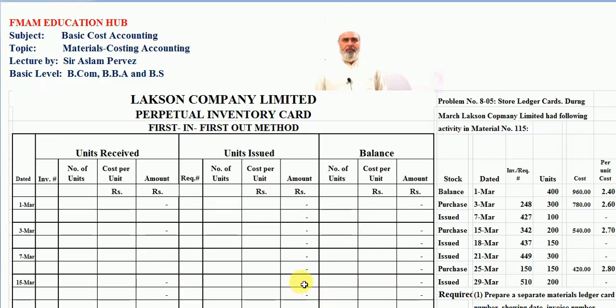Let's read this problem firstly in a careful manner and solve it stepwise as per the given transactions. Students, problem number 8.5, which is taken from the book of Professor Sohail Afzal.